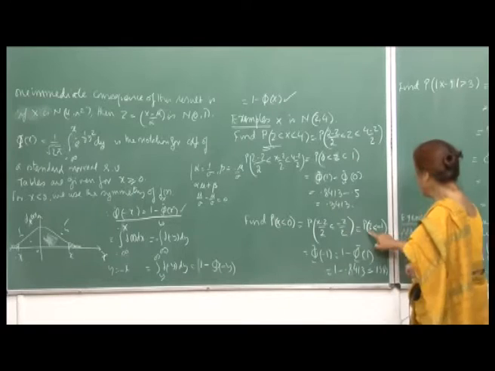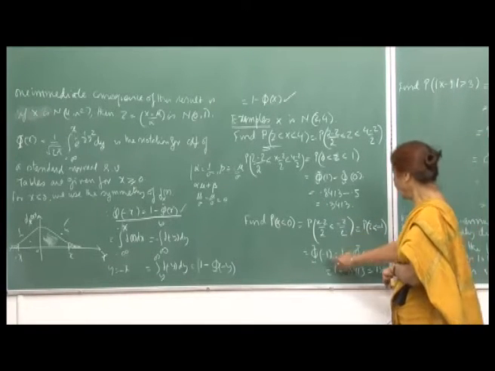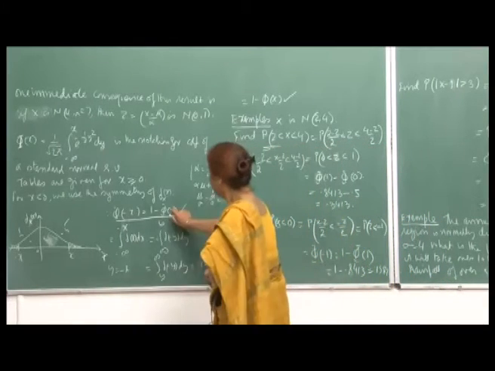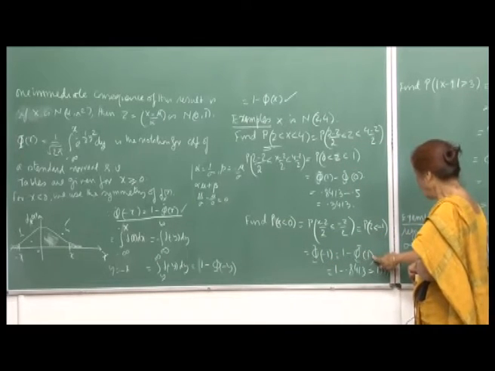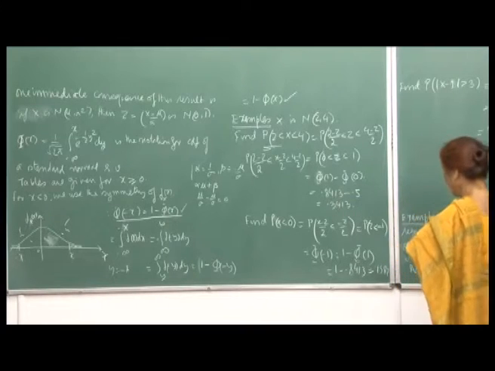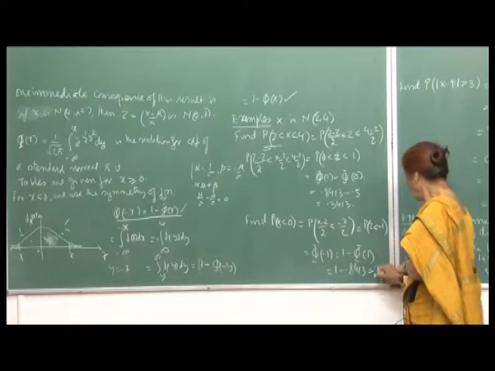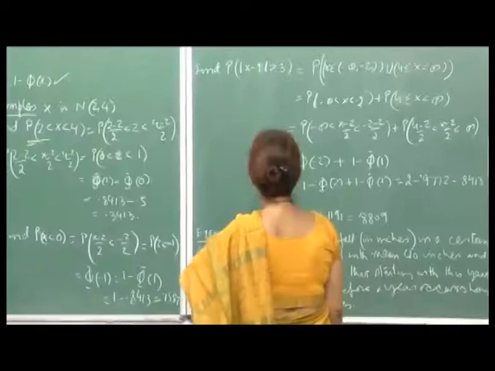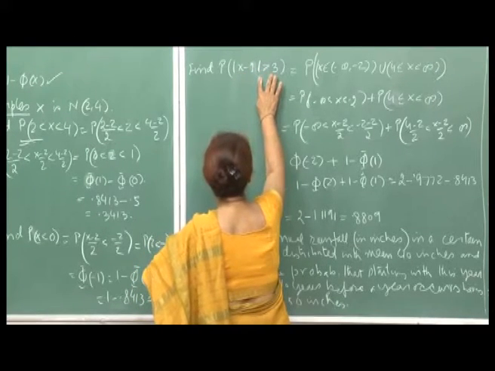So, this is probability z less than minus 1, which is phi of minus 1, and then I use this formula. So, phi of minus 1 is 1 minus phi of 1. Phi of 1 I already know is 0.8413. So, this is 1 minus 0.8413, which is 0.1587.